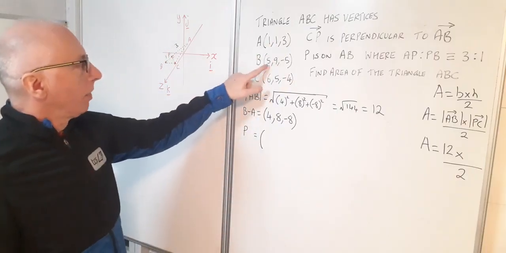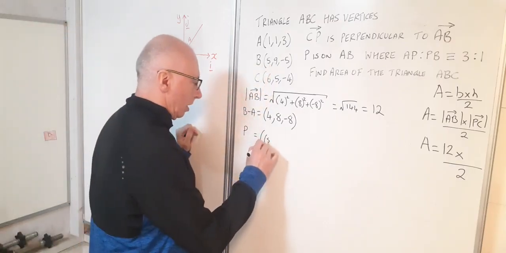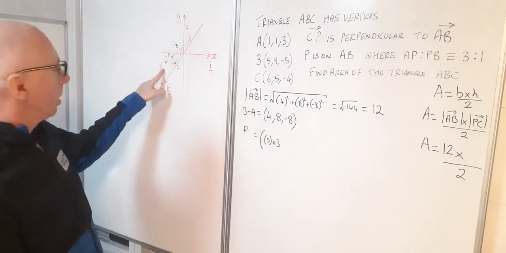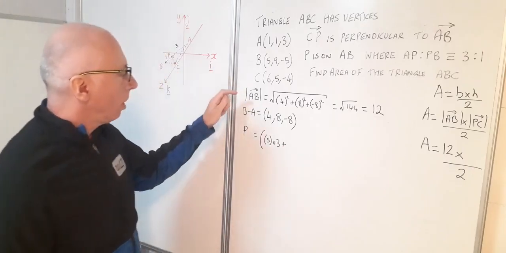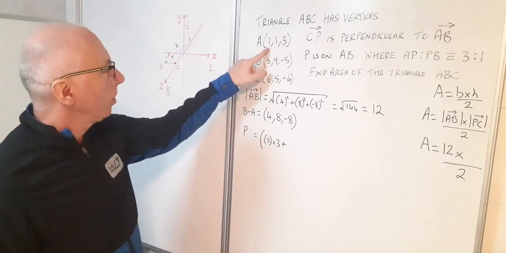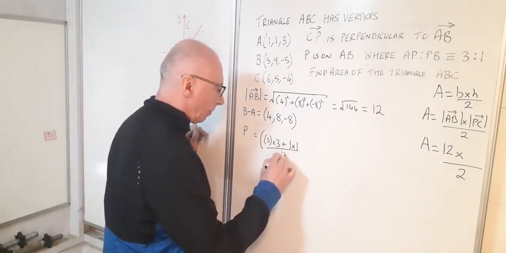So this is what it will look like. For the i component, we take the point on B, which is 5, and times that by 3 because it's 3 times closer to B. Then we add 1 times 1, the component of A, and divide by 4.